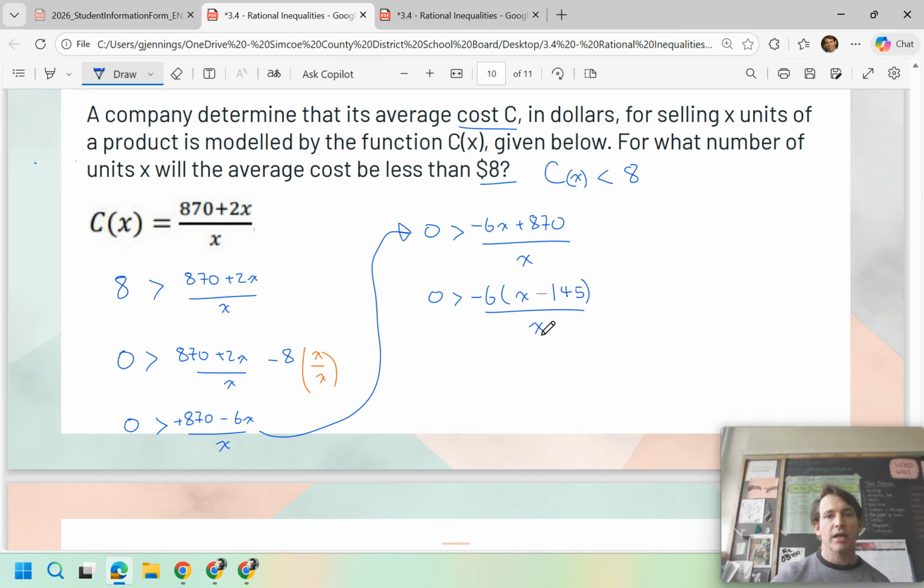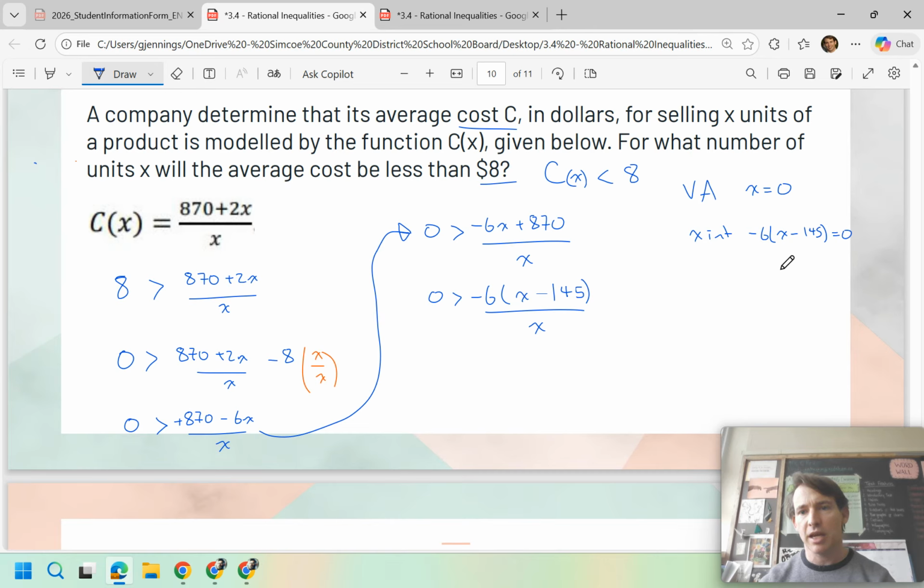And now we can find our key points. We have a vertical asymptote at x equals 0. So that's very interesting. We have an x-intercept where minus 6 multiplied by x minus 145 equals 0.